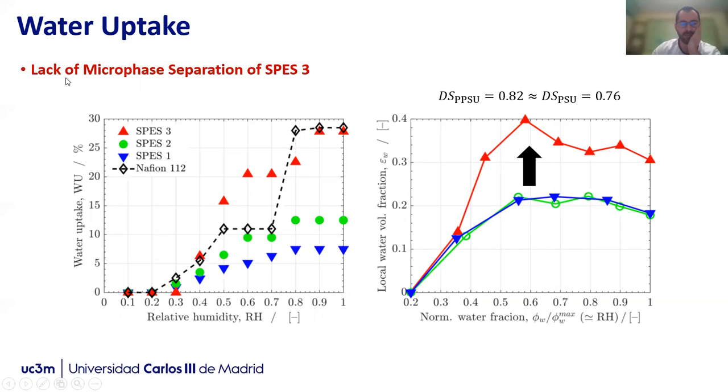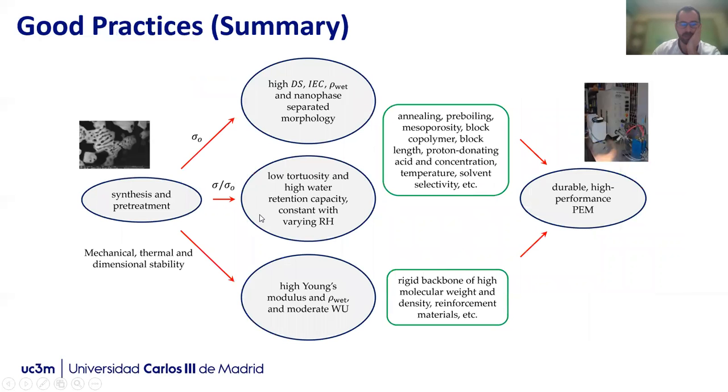And then for the water uptake, we can also compare the experimental data, and we can see that with the model, we are also able to capture this. For SPSU, where the degree of sulfonation of both blocks is very high, there is a sudden increase of the local water volume fraction, and we can reproduce that with our mesoscopic model. So good practices for the design, as I mentioned, are to touch the bulk conductivity, all these variables here.